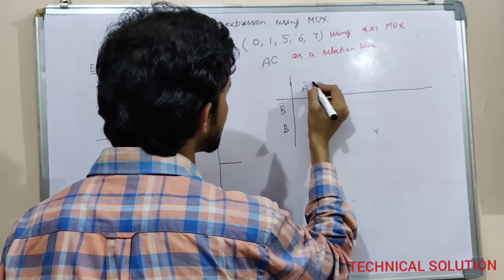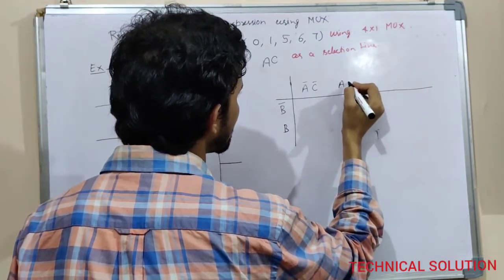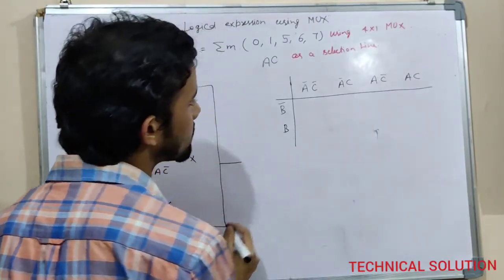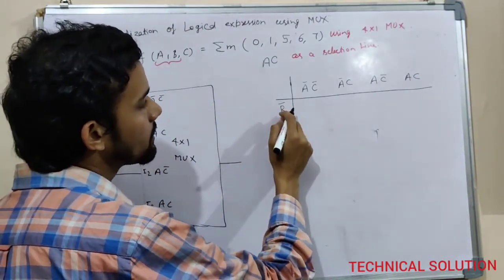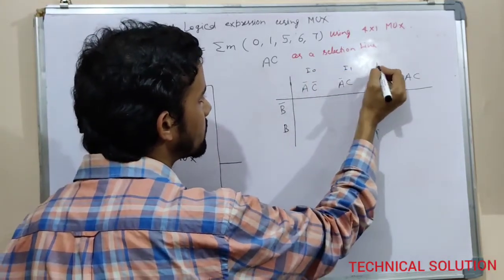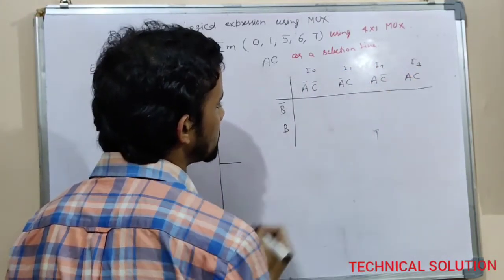So all possible combinations, that is A bar C bar, A bar C, A C bar, and AC. Combine B bar using this combination, that is I0, I1, I2, and I3.